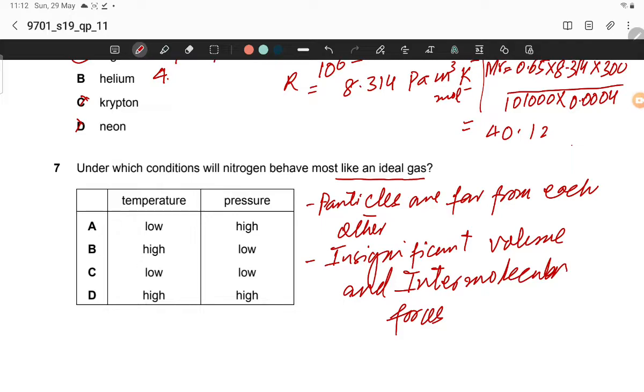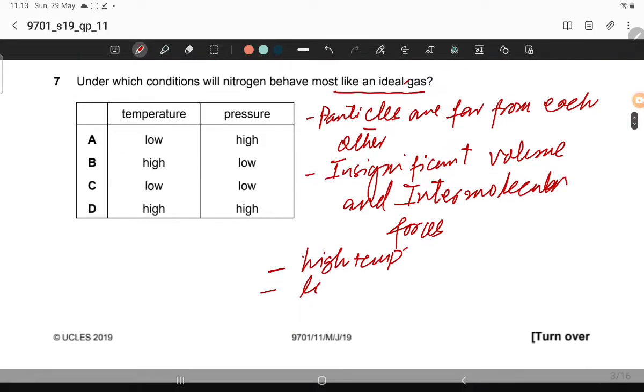So these are the two conditions of an ideal gas: high temperature and low pressure.